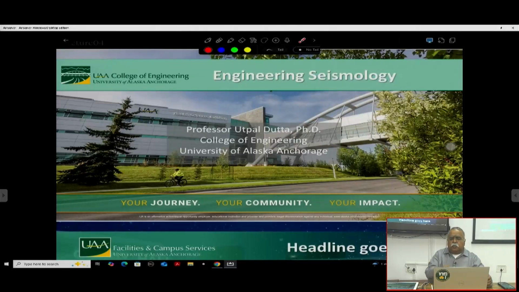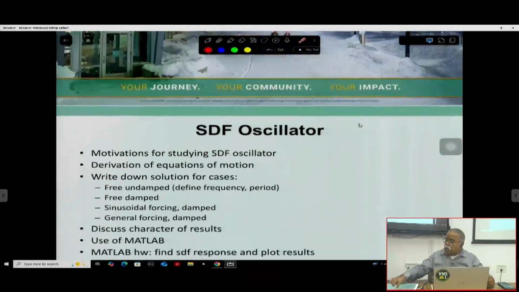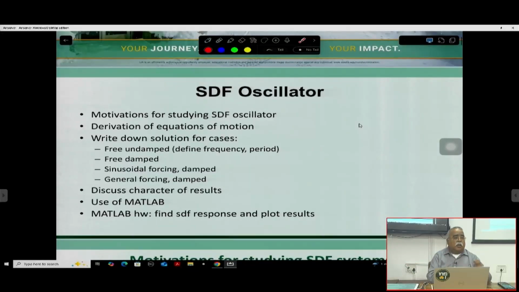We will be continuing our discussion on the response spectrum. The first thing is that we have told you that all the structures we will use as single degree of freedom structures, right?